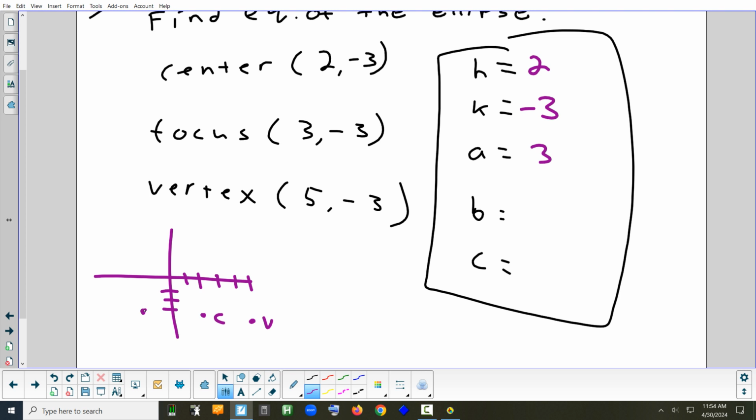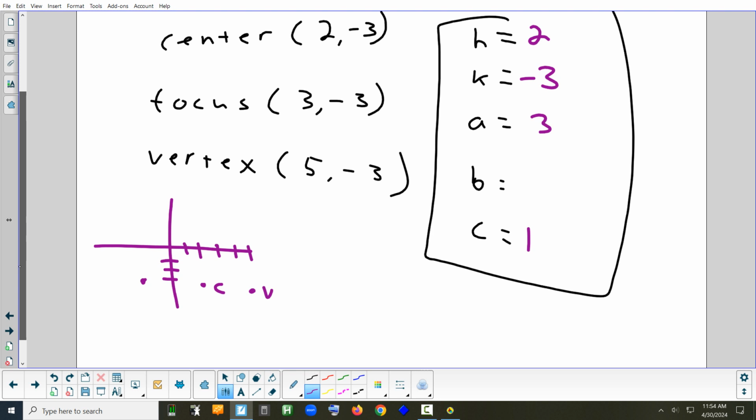Anything else that we know? The focus is 3, -3. Mm-hmm. So we can say that C is just 1. The distance from the center to the focus is 1. We can figure out B based on A and C. How do we figure out B?